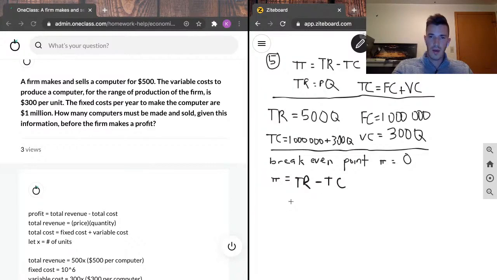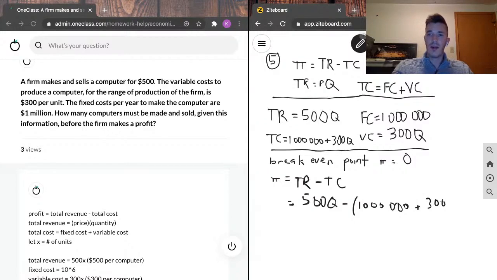And here we've got our total revenue of 500Q, so again, that's $500 times the number of computers they sell, minus our total cost, which is 1 million plus 300Q.